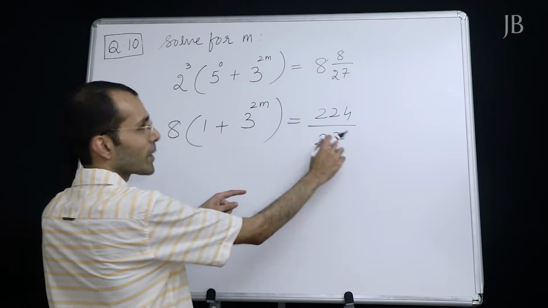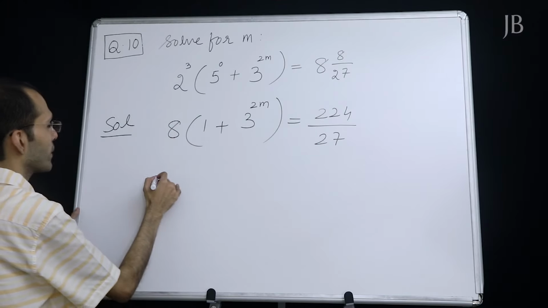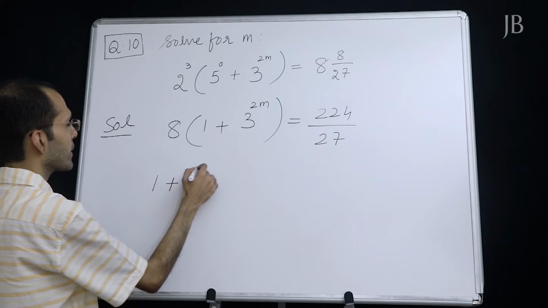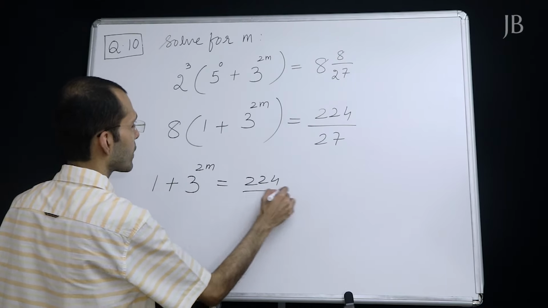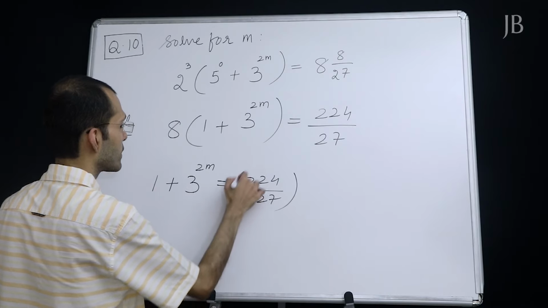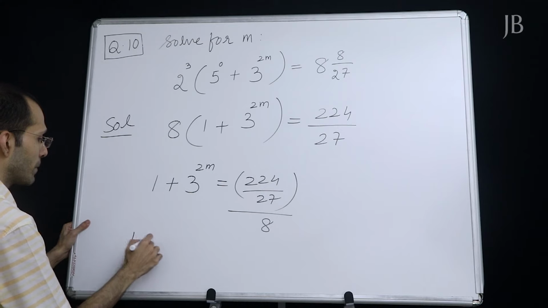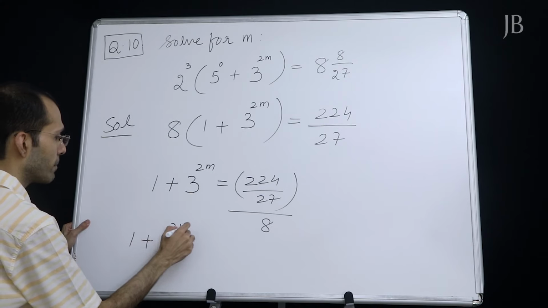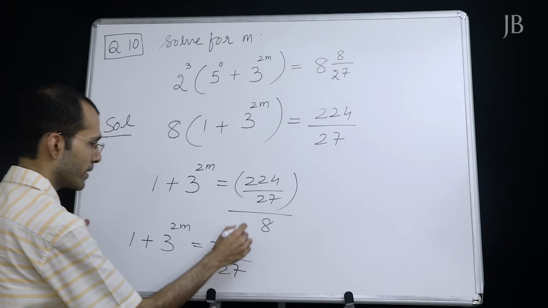So 8 will go down now, right? Because it's 8 into, na? So it will go down. So this is 1 plus 3 raised to 2m, 224 upon 27. This is originally there, upon 8. This will be 1 plus 3 raised to 2m is 224 upon 27.